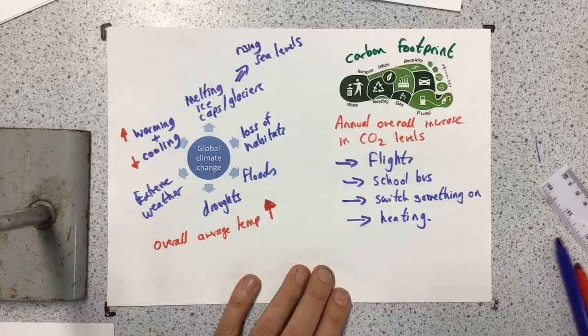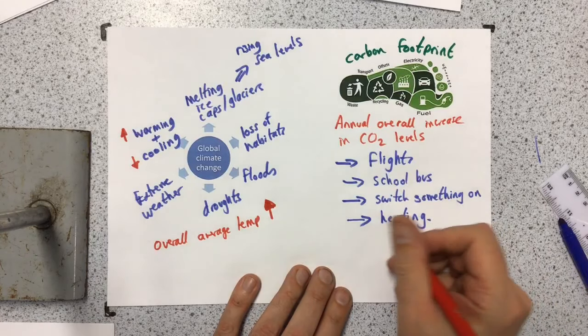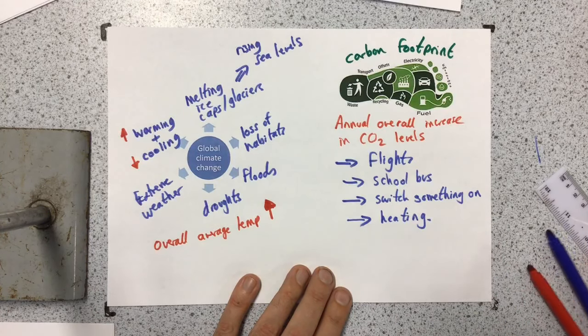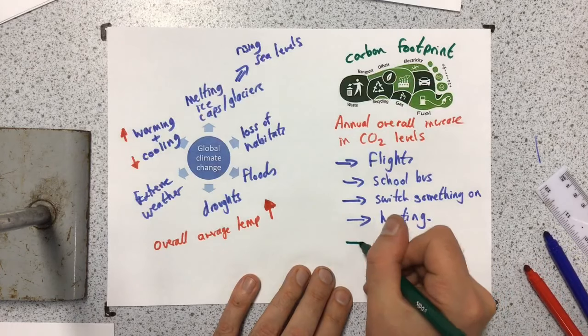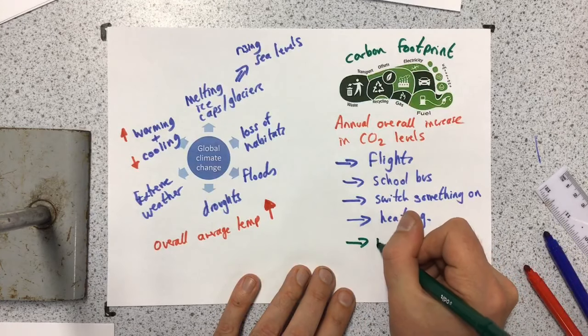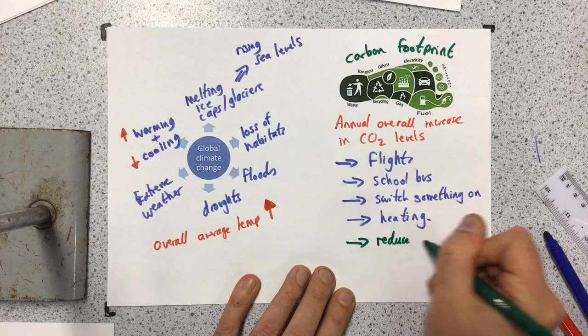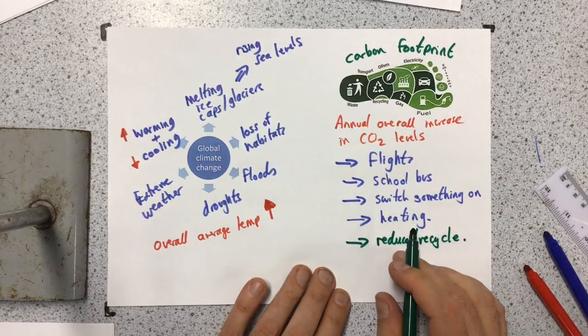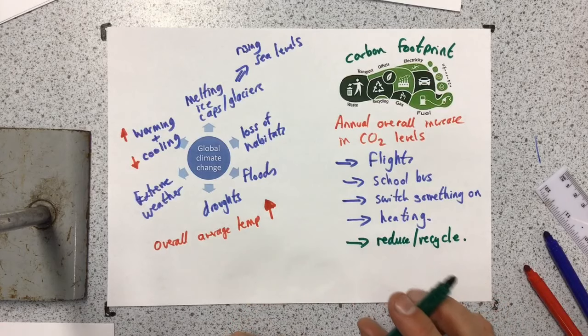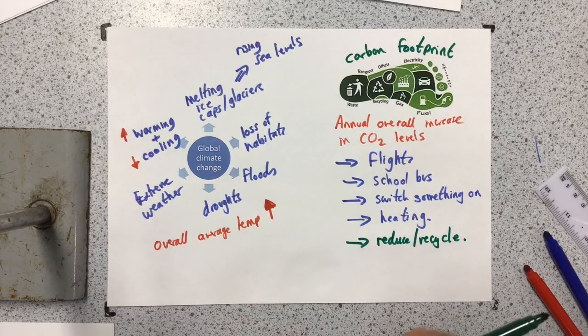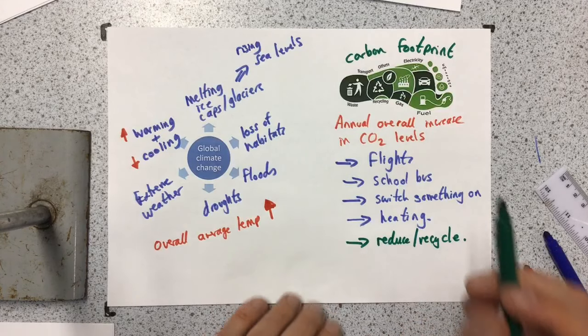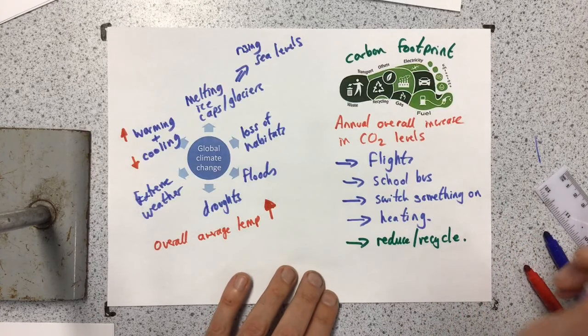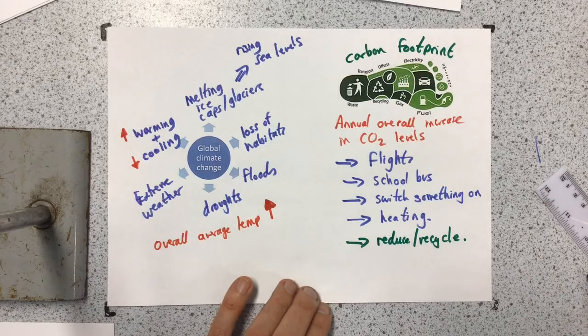Okay? Now, a couple of things that you can do that would counteract that is anything you possibly can do to reduce or recycle. Because, for example, if you make a Coke can out of recycled aluminium, it will use 90% less energy to make another Coke can rather than making new aluminium from iron ore.